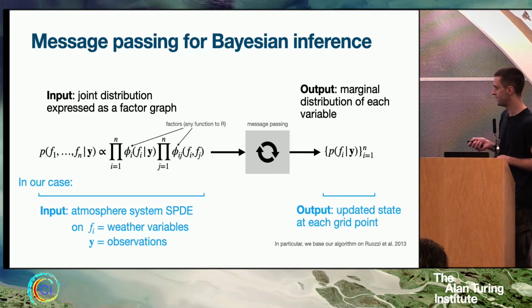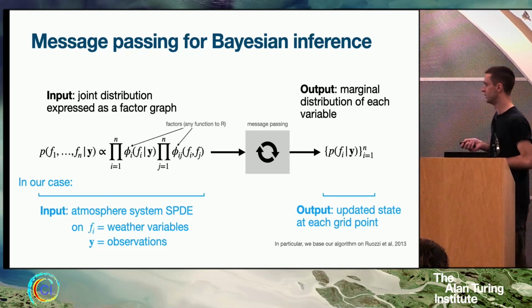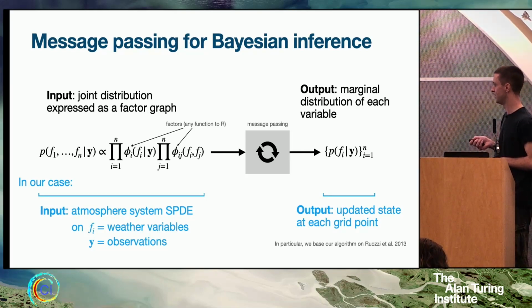Each one of these F's is a weather variable, and this here is what's called a pairwise factor, which indicates that two weather variables are connected in the graph. So message passing is doing some sort of computation on this graph representation of the weather variables.